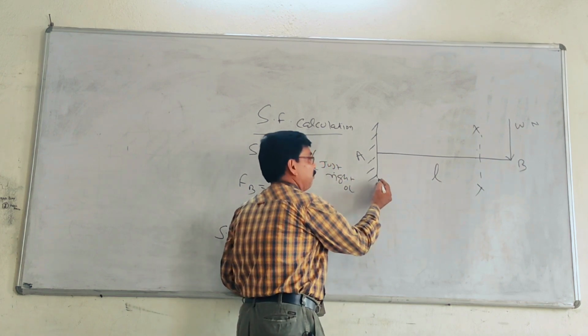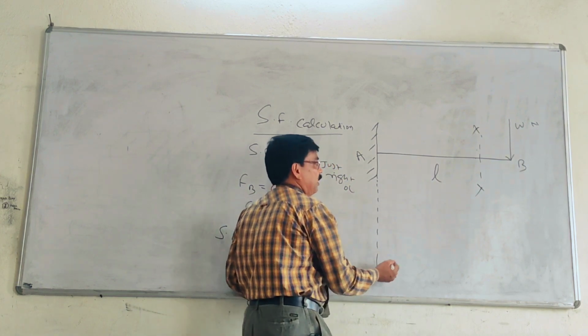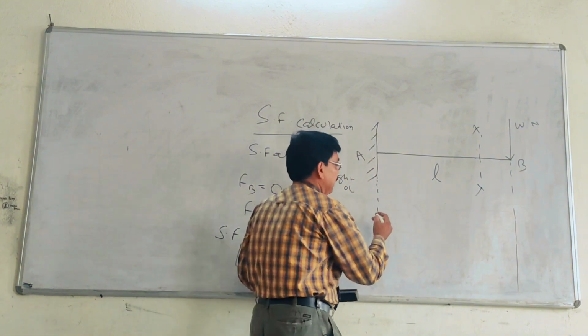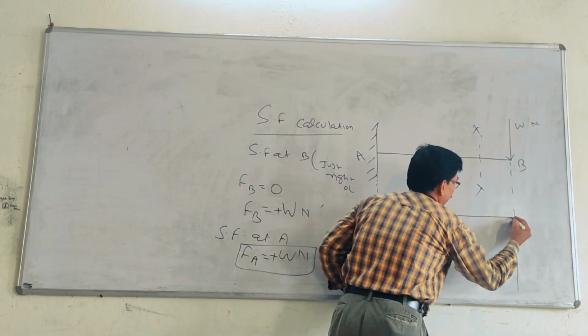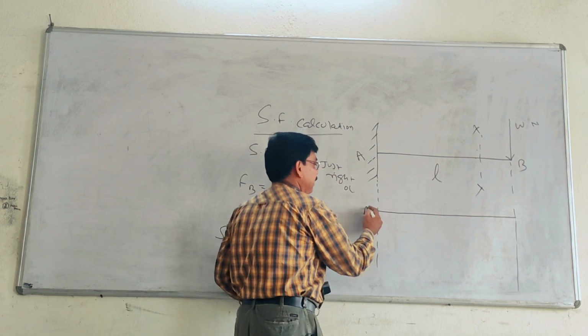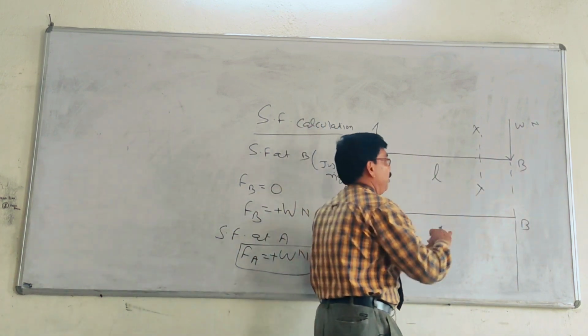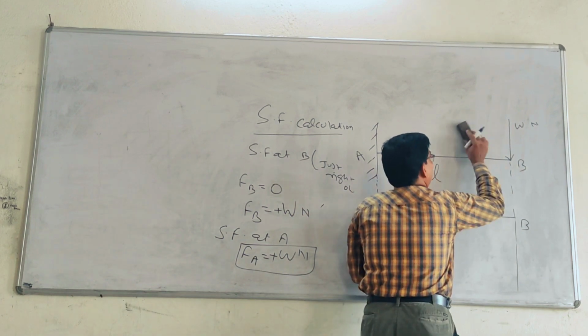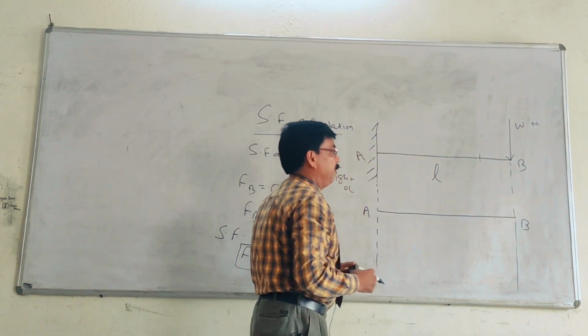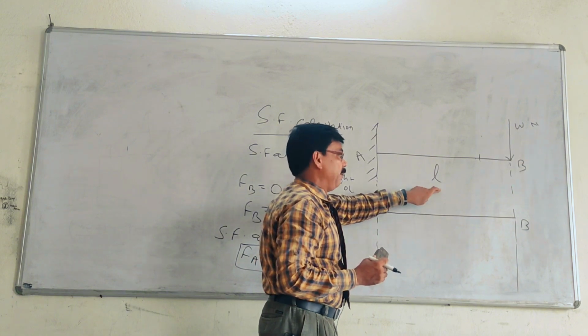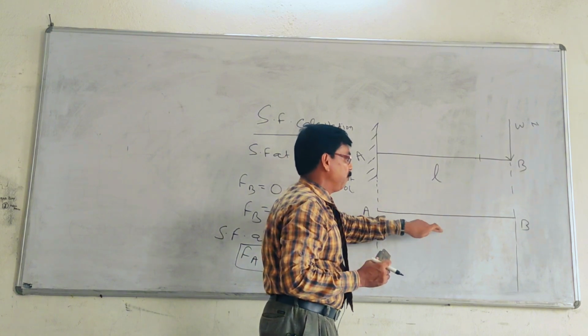For drawing purposes, this is the vertical line at A, this is the vertical line drop at B, and this is the baseline. Name it A and B. For positive values we will take above the baseline, and for negative below the baseline.